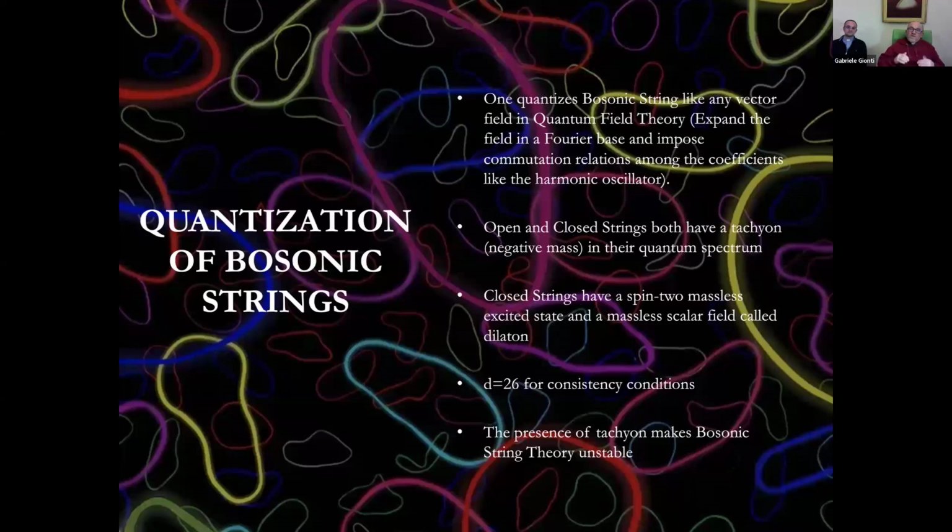Once you write the string theory at the classical level, you can quantize bosonic string theory. You expand the field in Fourier series, and you write this series as harmonic oscillators. There are two kinds of string, open and closed. Open strings correspond to gauge theories. Closed strings correspond to gravity.